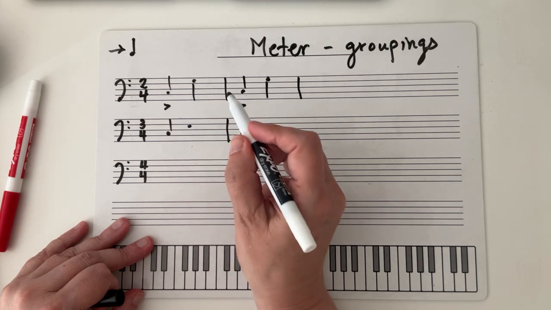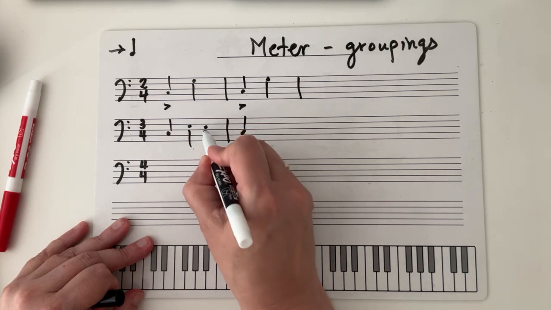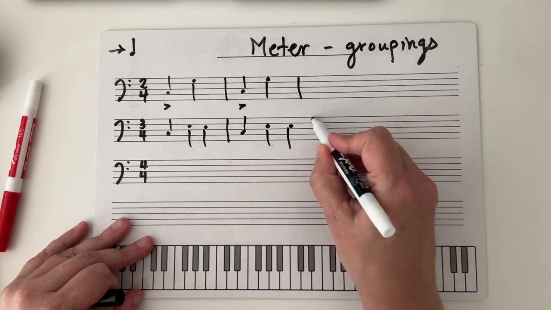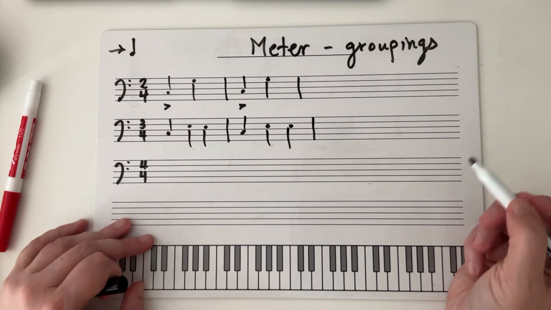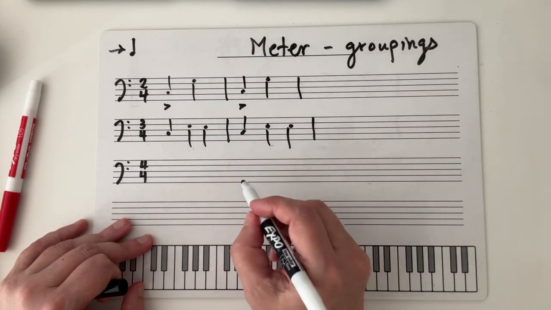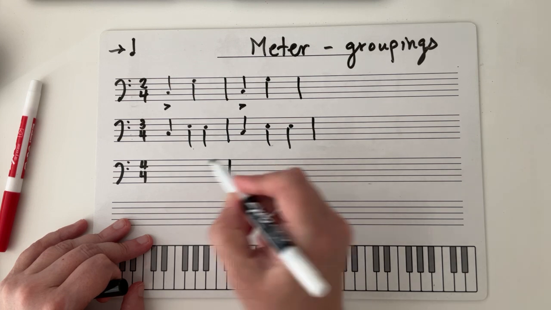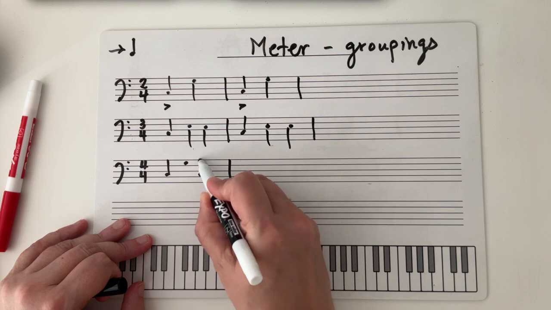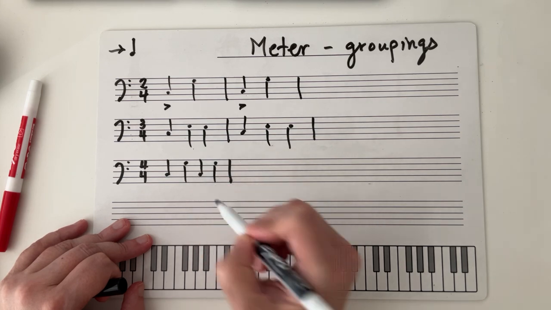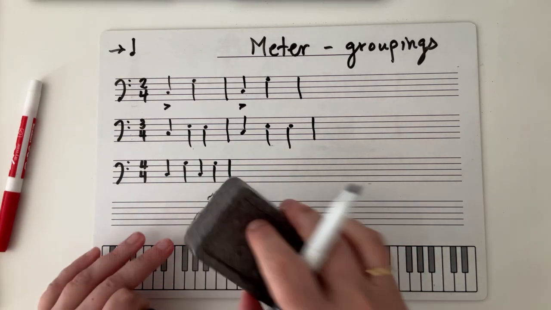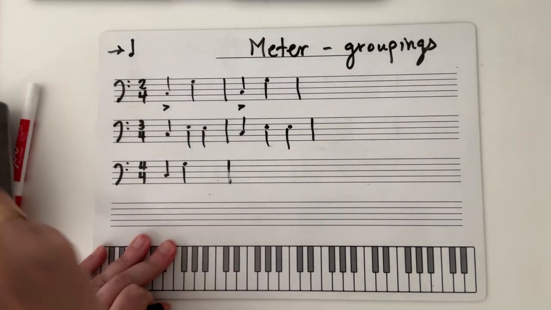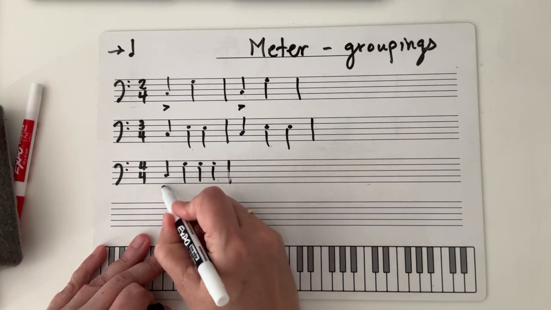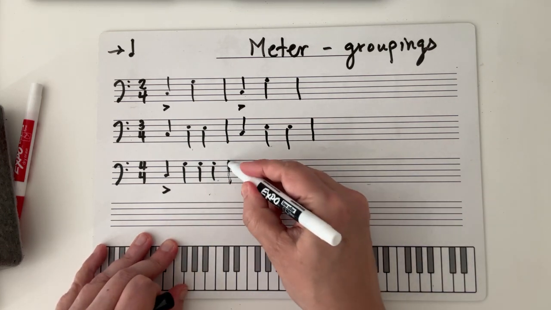But in this case, now I have 2 beats following it that are not the strong beats. And then you might think, this is just the same as this. Why not just write it as 2/4? But in a 4/4 measure, you're going to hear something like this, where this one is really stronger than the others.